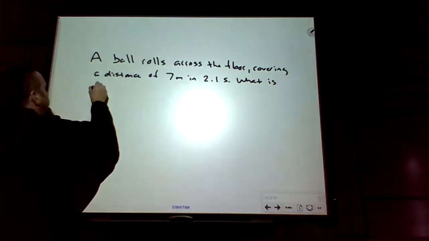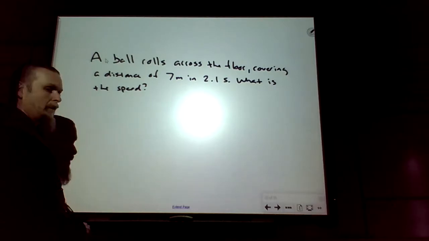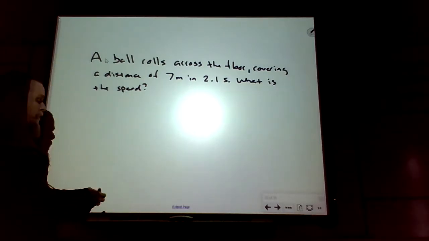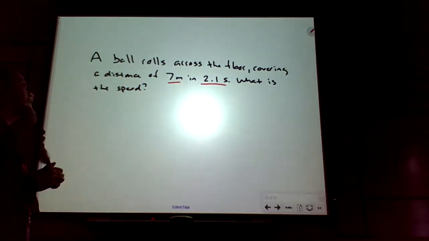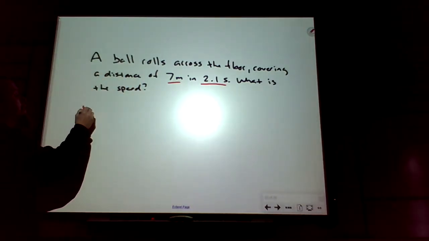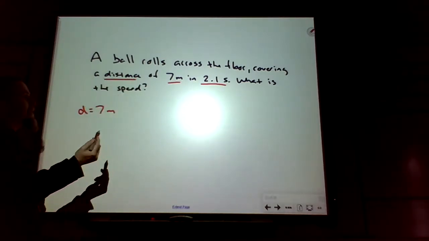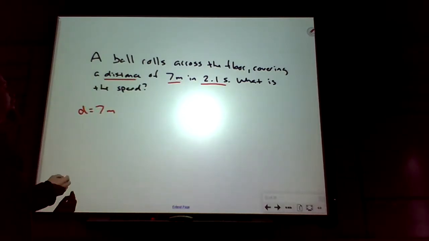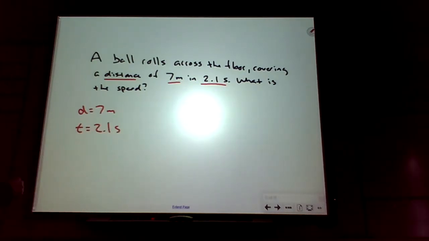What is the speed? In solving problems like this, it's always best to figure out what your numbers are and identify them accordingly. Meters measure distance. It could also measure displacement, but it says distance. And 2.1 seconds measures time.